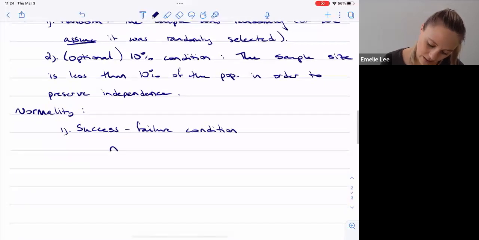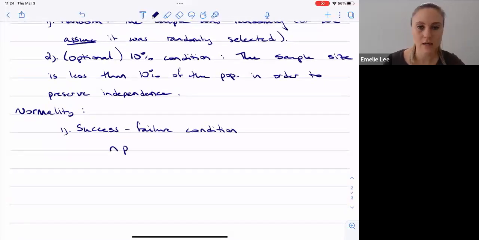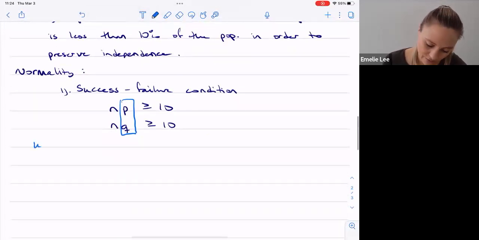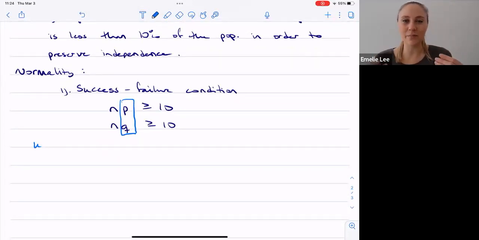Which means that we have to have n times p greater than or equal to 10, and n times q greater than or equal to 10. But unless we have a hypothesized p, so there will come a time next day when we're going to have a hypothesized population proportion.